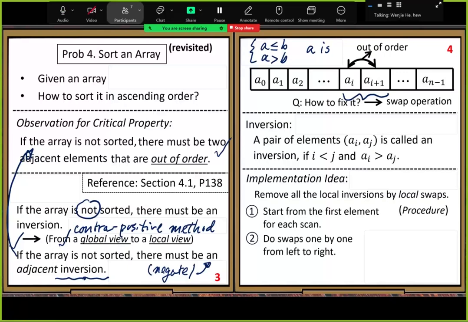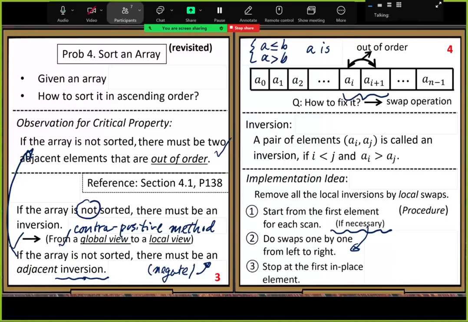If the two adjacent elements are in order, you do not do swap. Only when you discover the two adjacent elements form an inversion, you do swap.